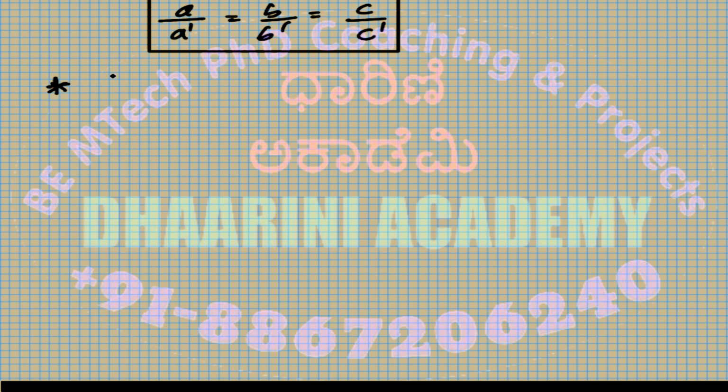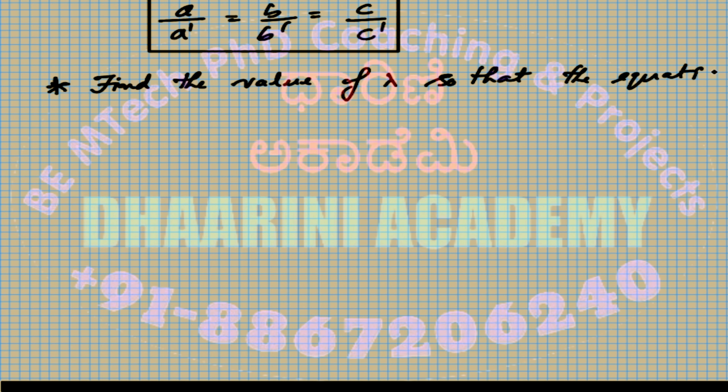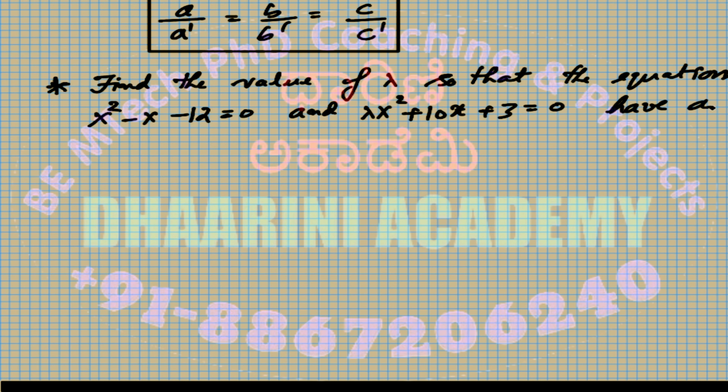All right, so first question is: find the value of lambda so that the equations x square minus x minus 12 equal to 0 and lambda into x square plus 10 times x plus 3 equal to 0 have a common root.